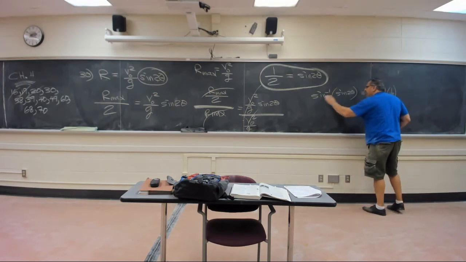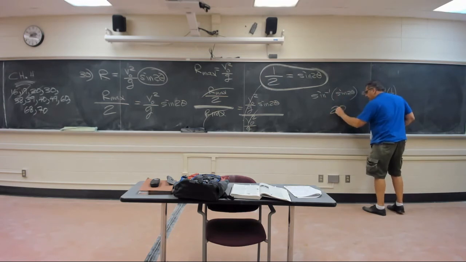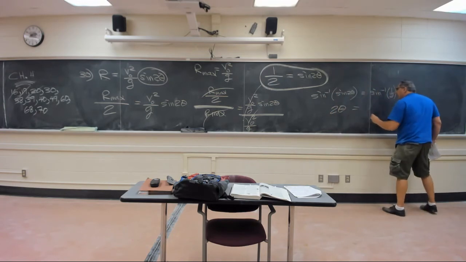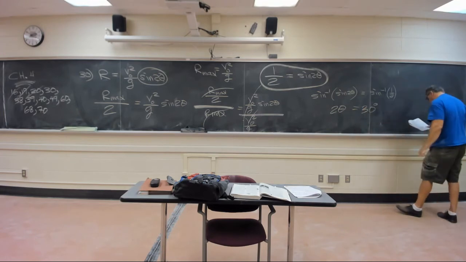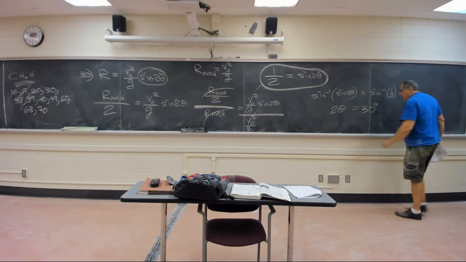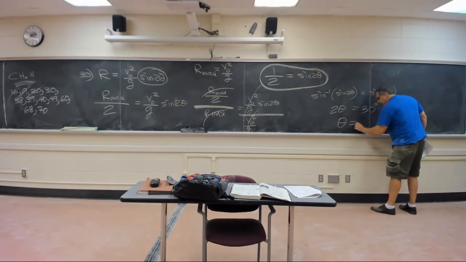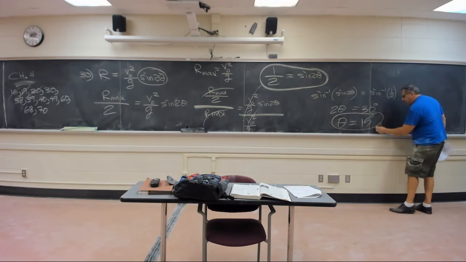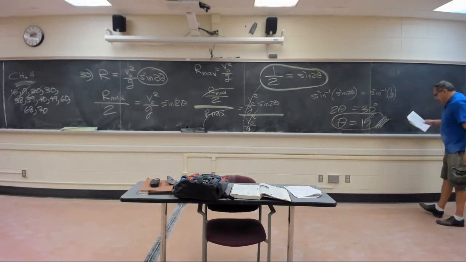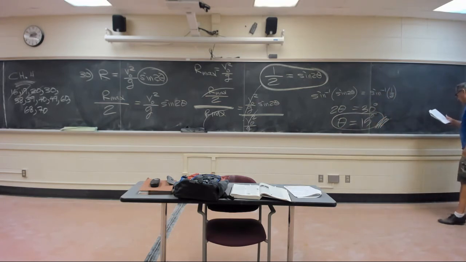The inverse sine of the sine function is just the original thing that was in the argument, 2 theta. The inverse sine of a half is 30 degrees. Theta is a 15-degree angle, which is going to give you half the range. Yeah, I got another one, though, for you, too.